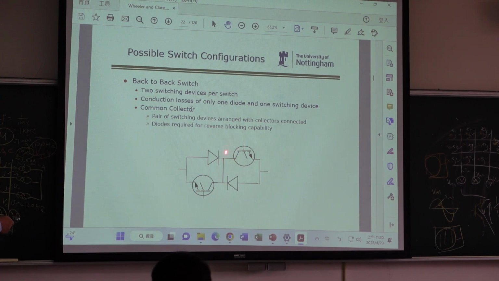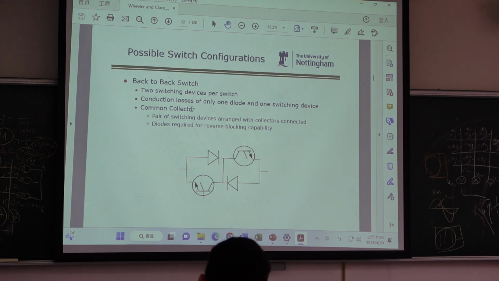And why do we need this line? Anybody has any idea? We can go this way. We can go this way. Can we remove this line? Without this line, is it okay? You can see we can go this way, right? And then we can go this way. Why do we need this?